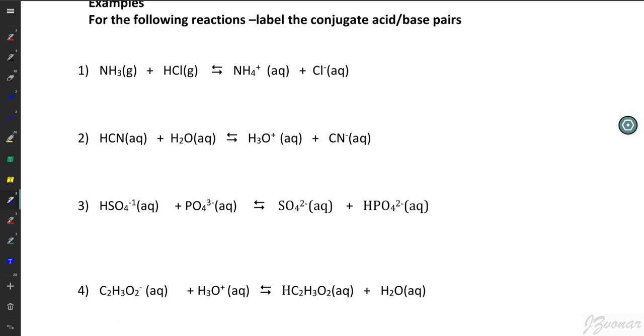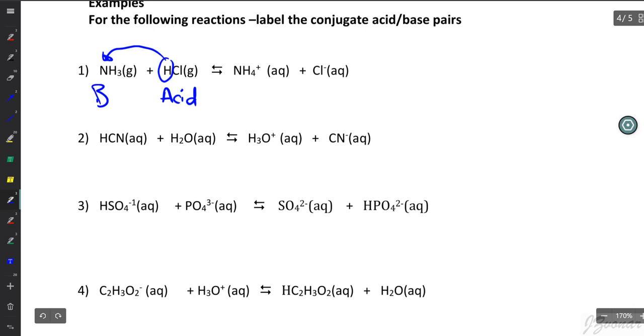So if we look at the first example, what you need to do is take a look at the forward reaction and see who's accepting and who's donating. So if we see here, the HCl on the reactant side has lost the hydrogen. So this hydrogen is being donated. So therefore this is my acid.